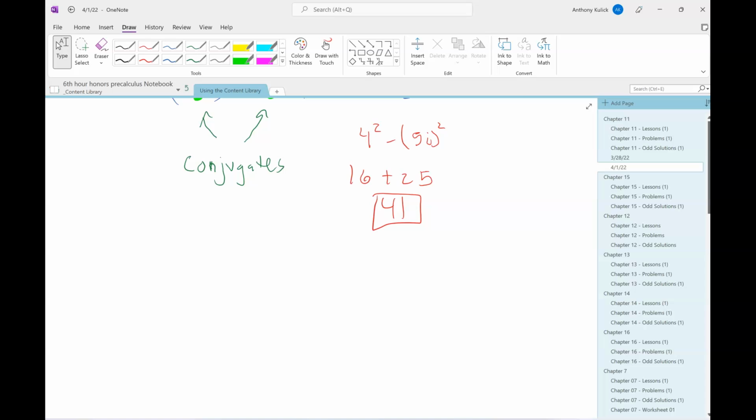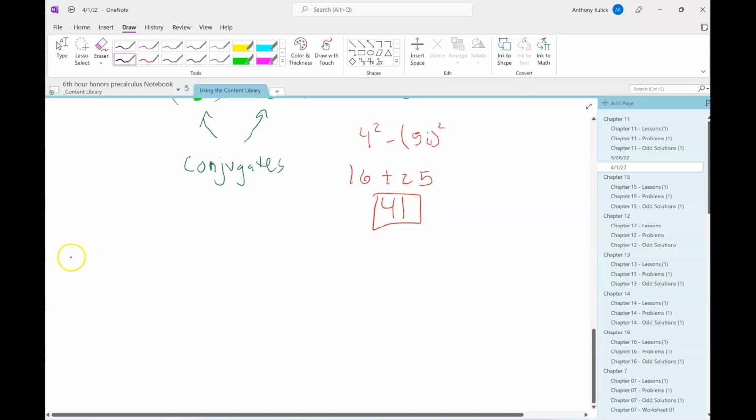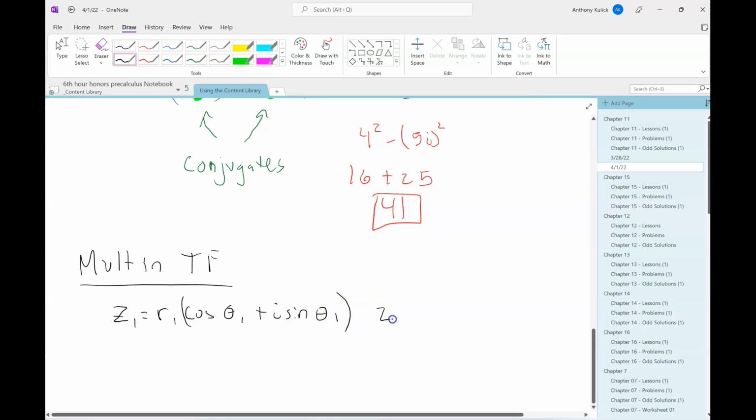So, what if we want to do this in trigonometric form? I know how that's going to work, but we don't know how that's really going to work. So let's see if we can just do this in the general case, and then see if we can work out a shortcut.